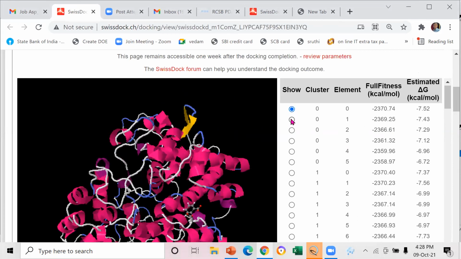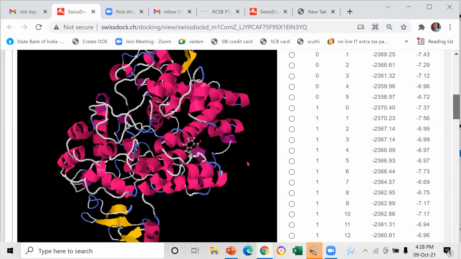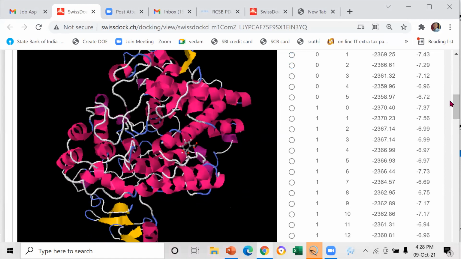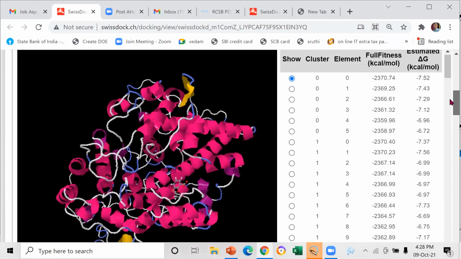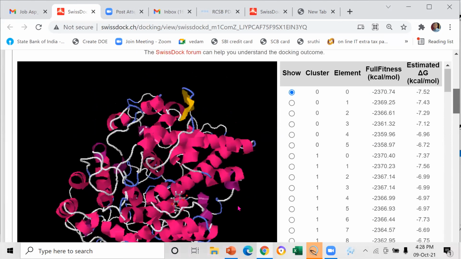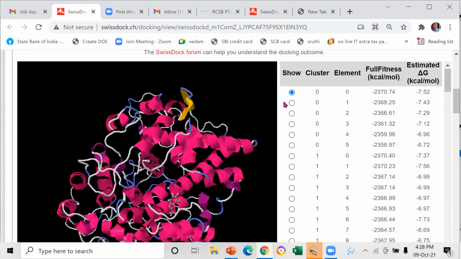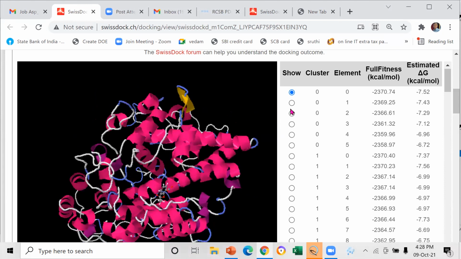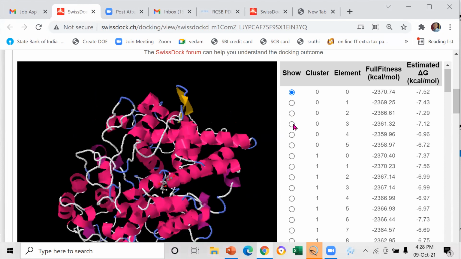It gives the best delta G, because the more negative it is, the better the binding. Now, if you mark different clusters, you will see aspirin kept in different places.